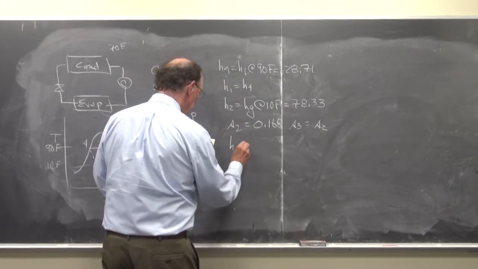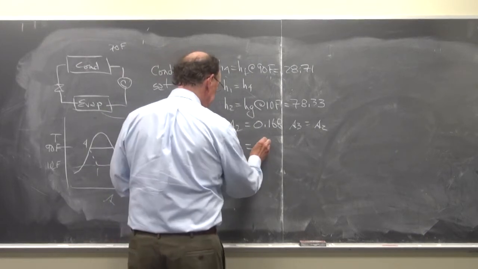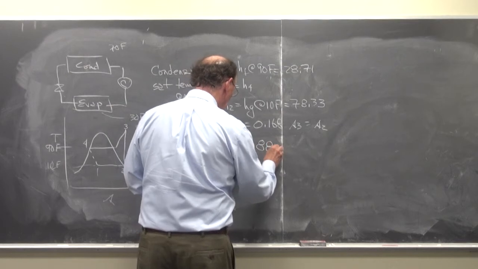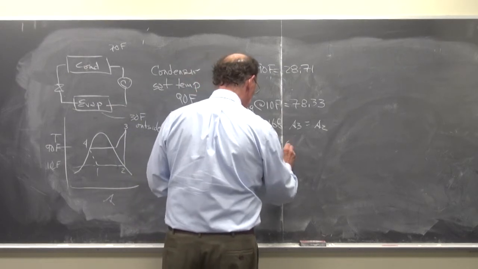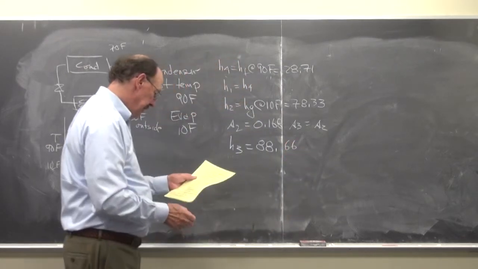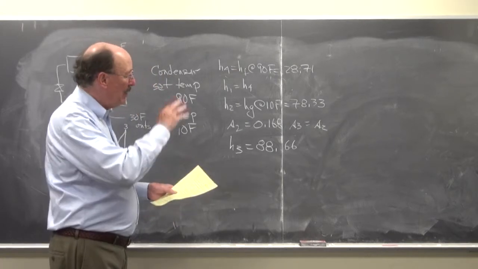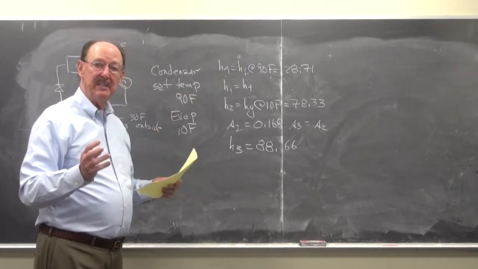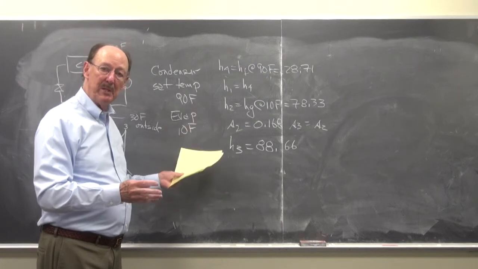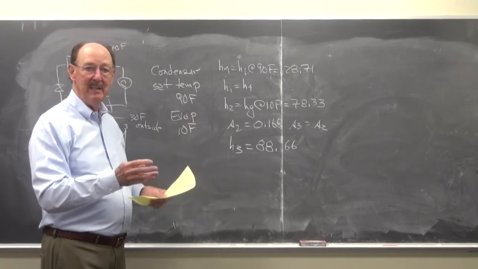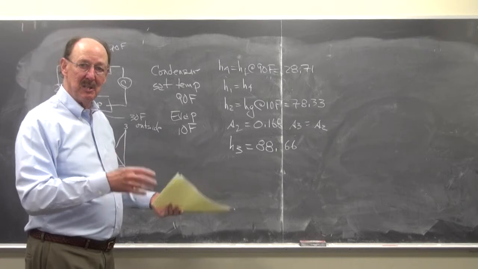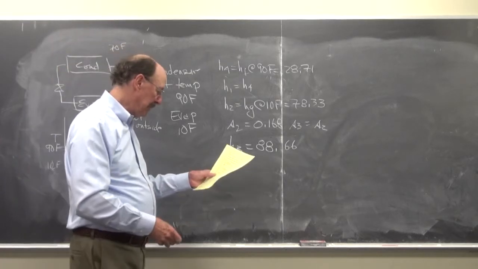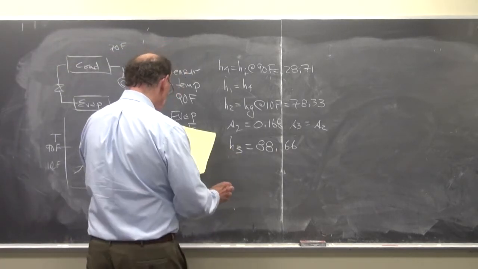H3 is equal to 88.66. So now we have the enthalpies around this cycle, and this is for an ideal vapor compression system. Obviously, all the actual aspects of subcooling, superheating, etc. come into play.